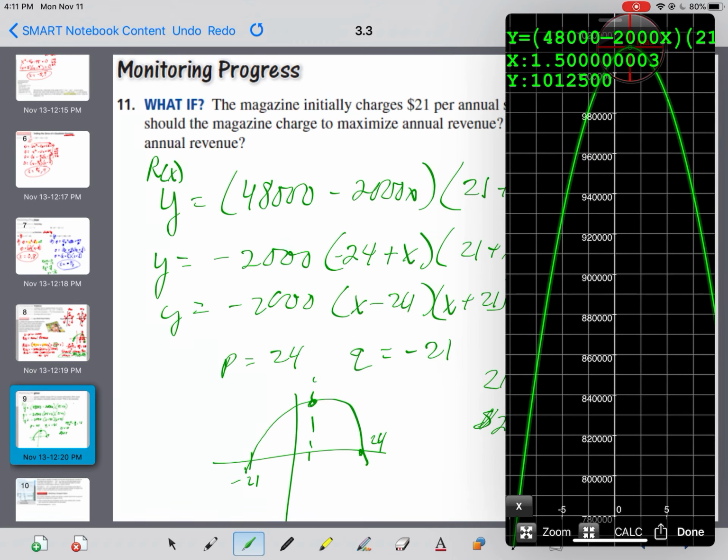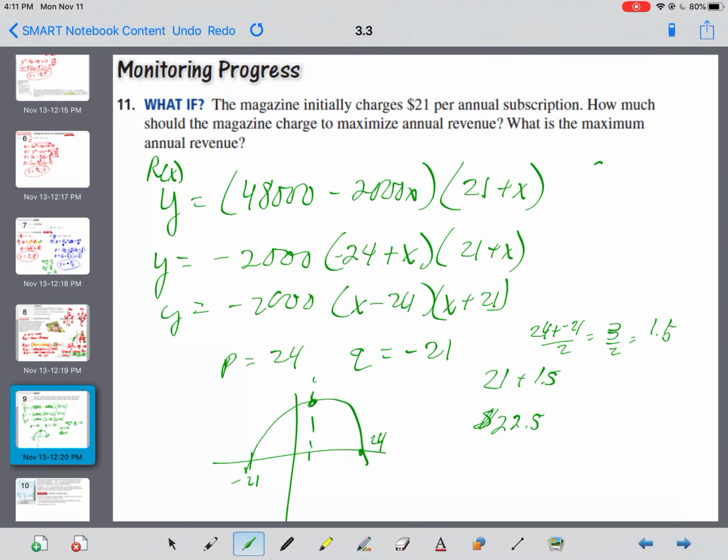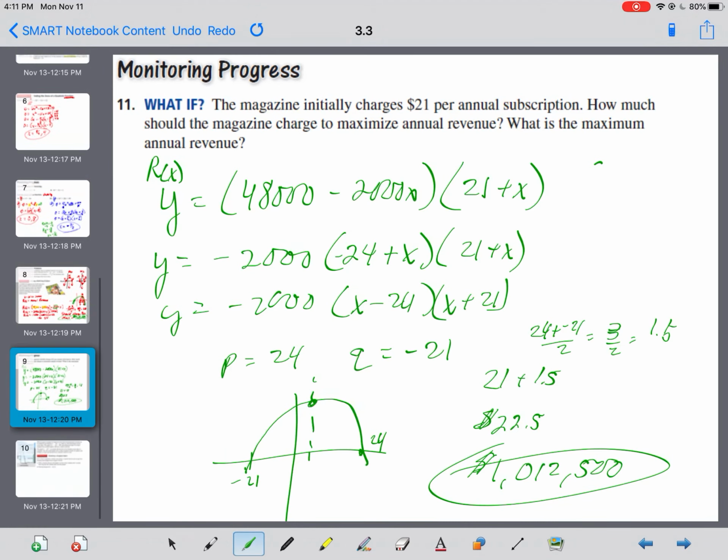Should be a max. So we get 1,012,500. So a little bit more money whenever you started bigger and then you increase the price. More people still like to buy it from you.